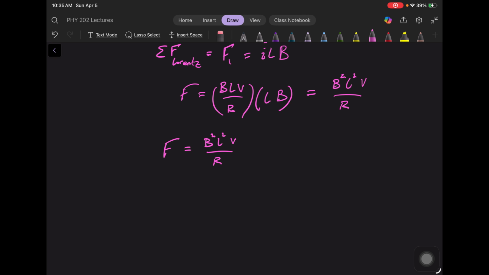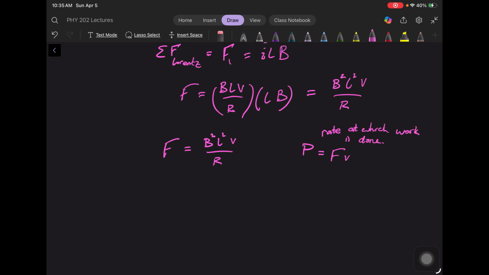But we did say power, the rate at which work is done, is equal to force times velocity.